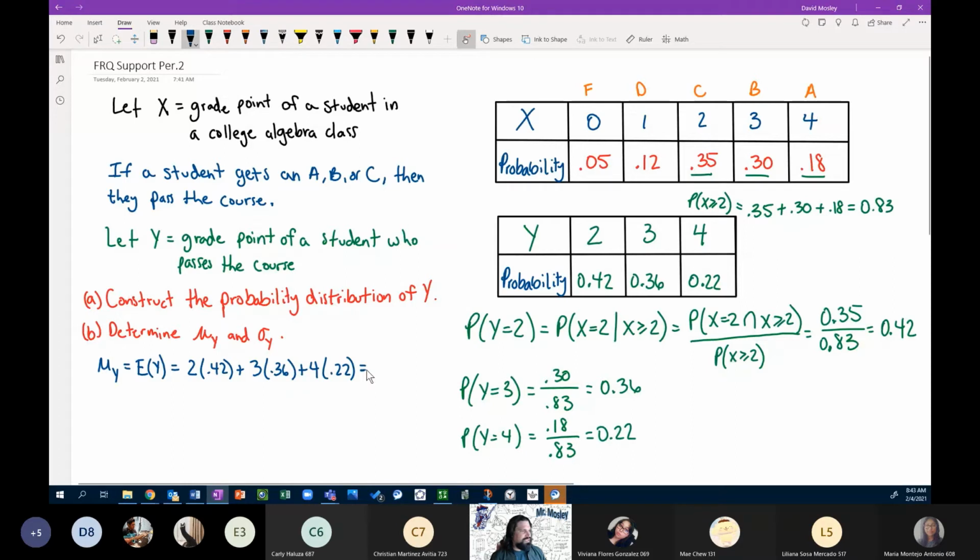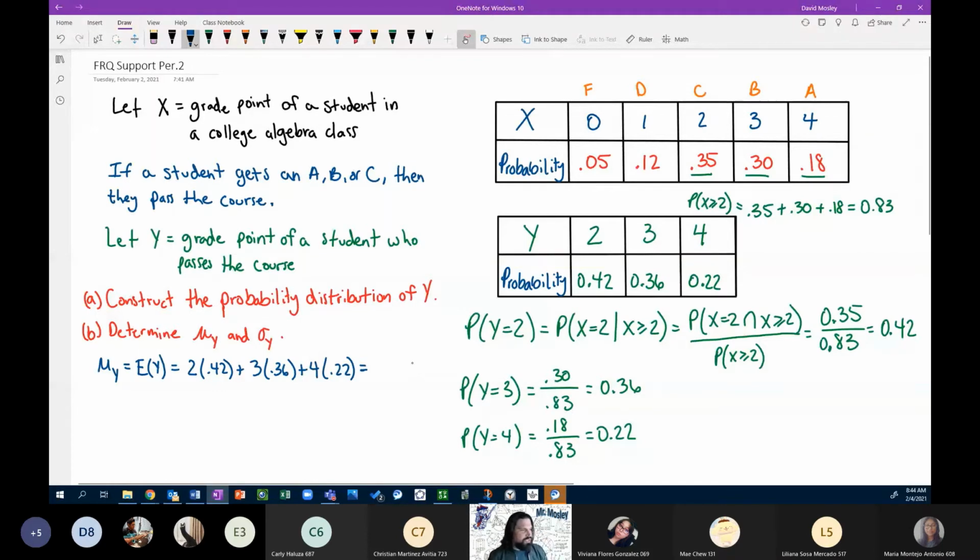And that is it. That's the entire calculation. There's no need to divide by 3 because I have 3 possible outcomes. It is simply the outcome times the probability of that outcome for each possible outcome added up. That gives us our mean.